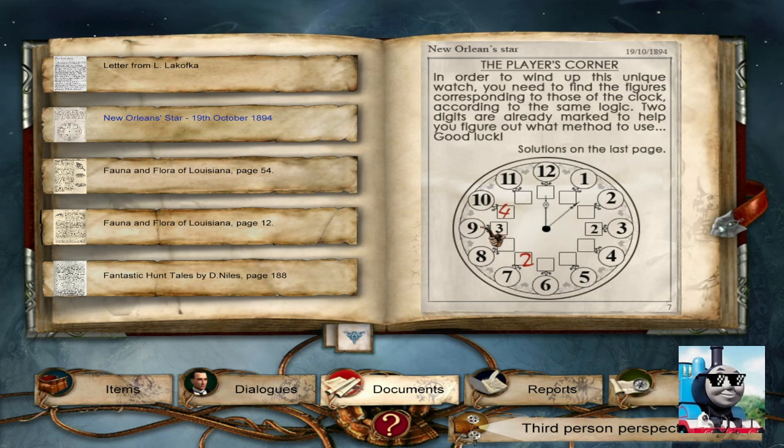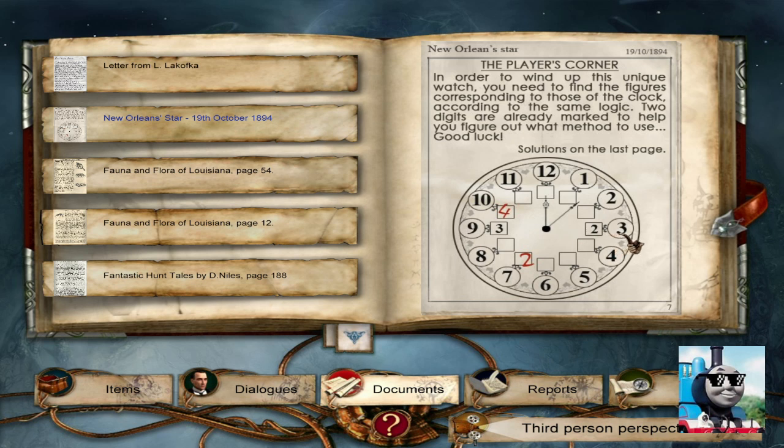Let's see. So this is a math puzzle. It's not divided by 2 minus 1. So what turns the 3 into the 2 and what turns the 9 into the 3 follow the same logic. It's not square roots. It's a clock, so maybe it has to do with the number opposite to it.